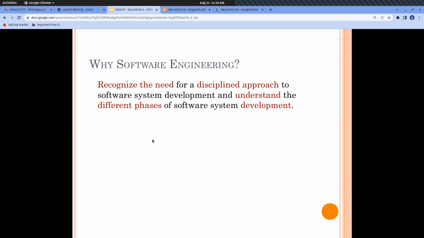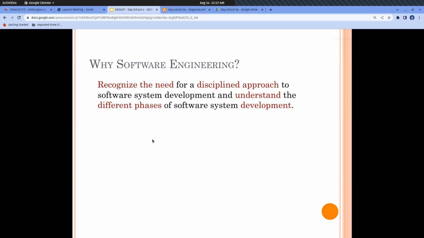So it is very difficult to design, develop and implement real software. All designed software should be re-engineered and re-implemented after about 5 years. This is why software engineering needs to recognize the need for a disciplined approach.